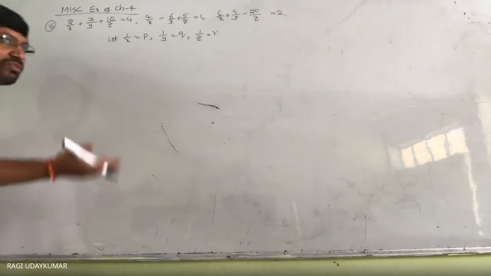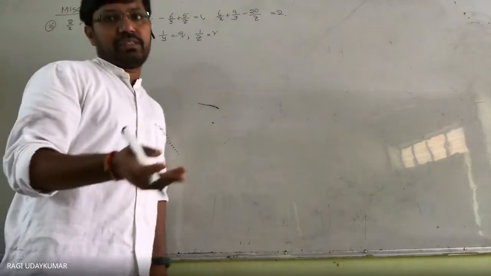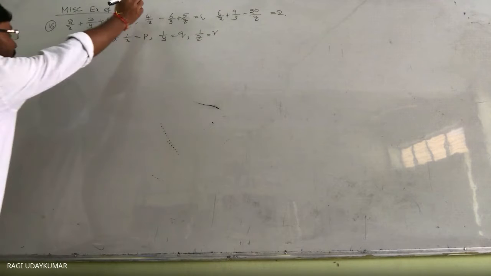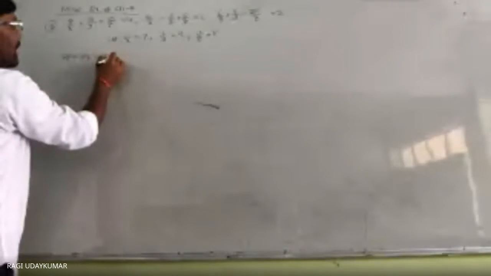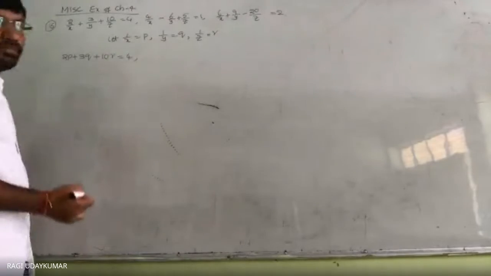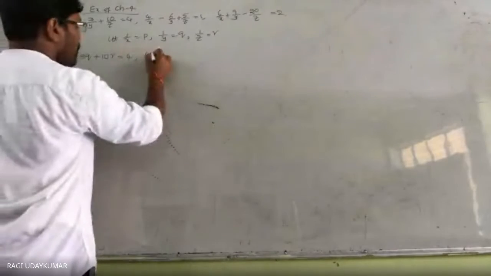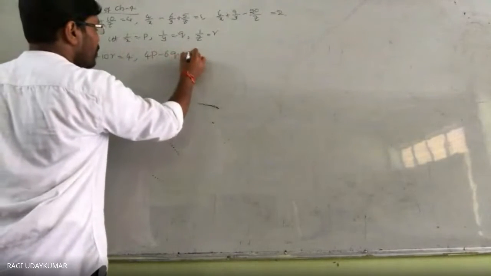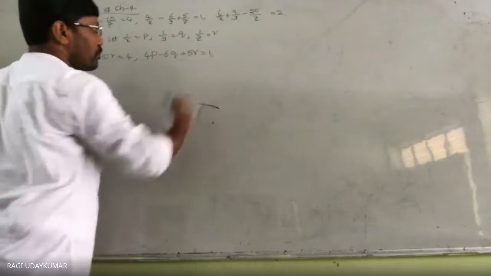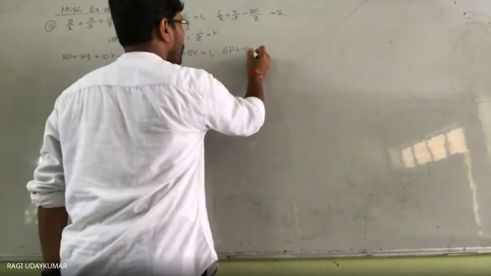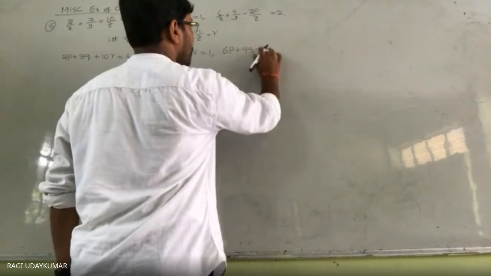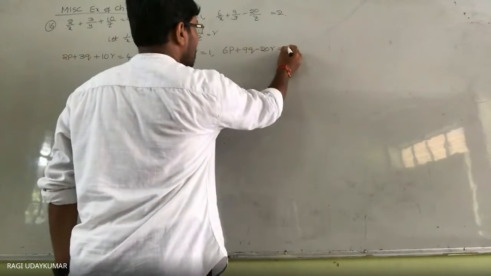So these equations will be transformed to linear equations: 2p plus 3q plus 10r is equal to 4. Next, 4p minus 6q plus 5r is equal to 1. 6p plus 9q minus 20r is equal to 2.